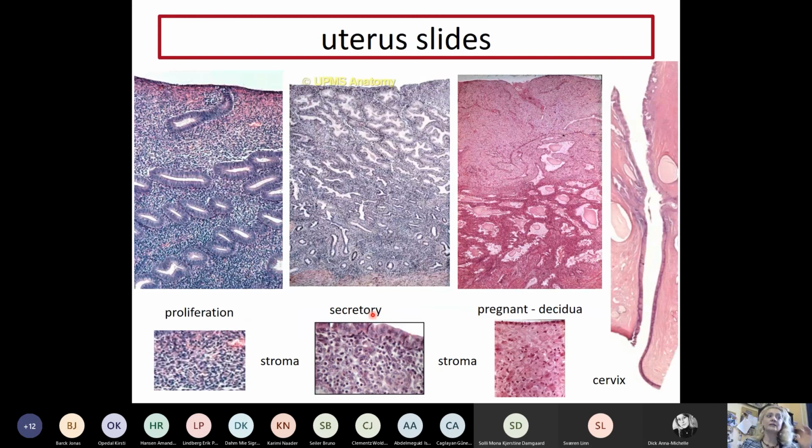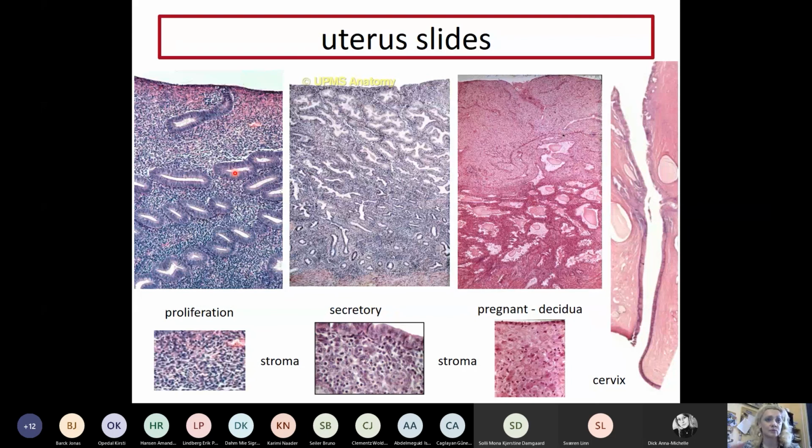So finally, I just show you the 4 slides as a summary, the 4 uterus slides. We don't only have proliferative and secretory phase from the uterus, but the decidua is from the uterine wall, and the cervix too. Cervix looks completely different. This is never mixed with these other 3 slides, but unfortunately, these 3 slides, even online, can be mixed up with each other.